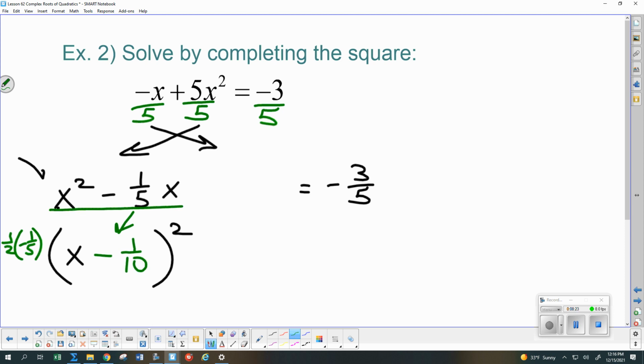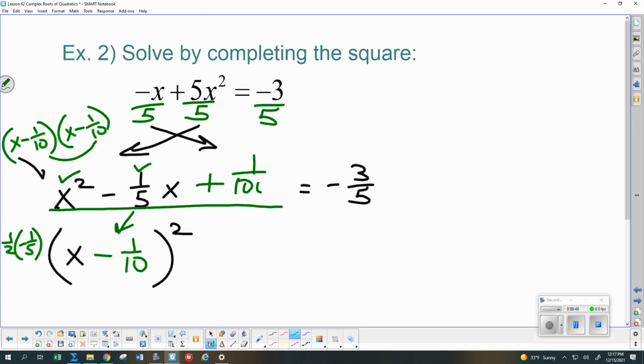Now I need to make this line up above it be what I would really have if I FOILed x minus 1/10 times x minus 1/10. If I did that, I'd have x squared minus 1/10 x minus 1/10 x, or 2/10 x, or minus 1/5 x. And then I'd have last times last, -1/10 times -1/10 would be plus 1/100.